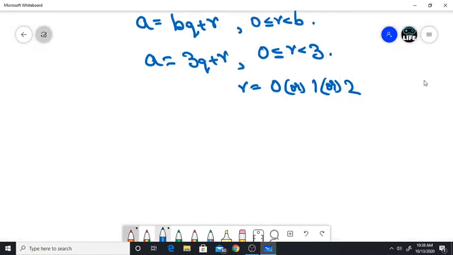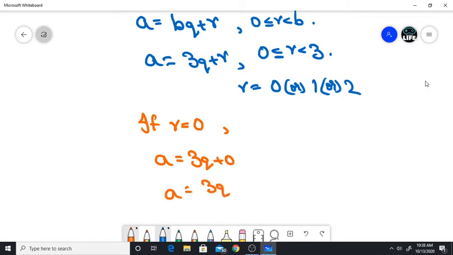So now let's check if r equals to 0. Then a equals to 3q plus 0, which gives 3q. So a equals to 3q.